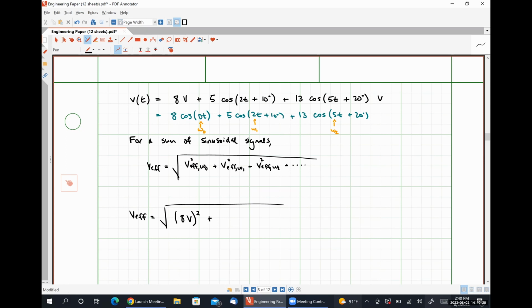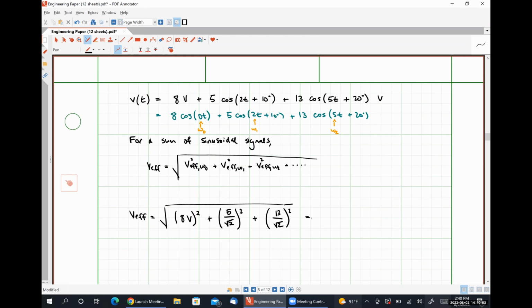The effective value of our omega 1 term is 5 over the square root of 2, because it's a sinusoid, and so we know the effective value of a sinusoid is just the magnitude of the sinusoid over square root of 2. And then we're going to have 13 over the square root of 2 squared as well.